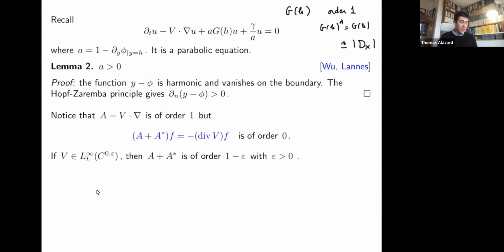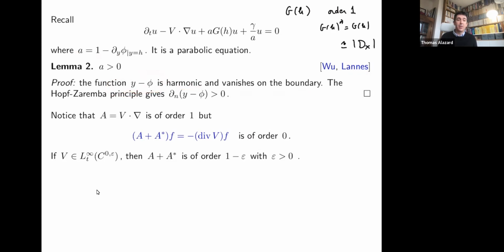Namely, the proof is very short. It consists in observing that A is a derivative of the function y minus phi with respect to y, that this function is harmonic, and that it vanishes on the boundary.